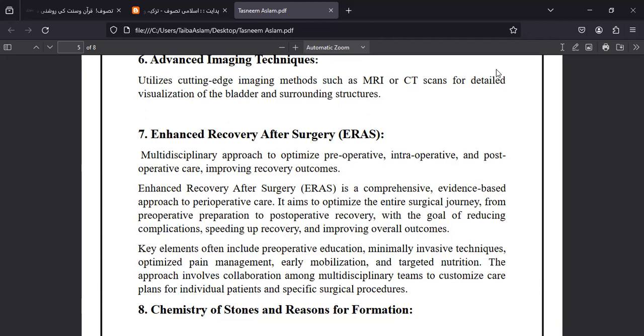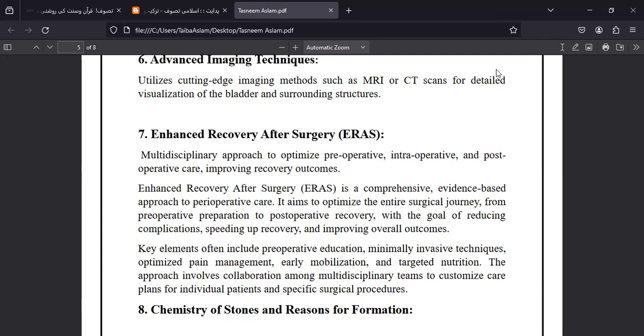Enhanced recovery after surgery is a comprehensive, evidence-based approach to perioperative care. It aims to optimize the entire surgery, from preoperative preparation to postoperative recovery, with the goals of reducing complications, speeding up recovery, and improving overall outcomes.